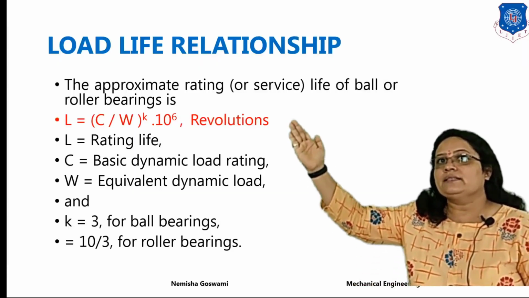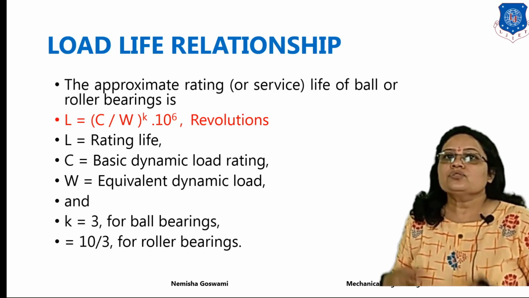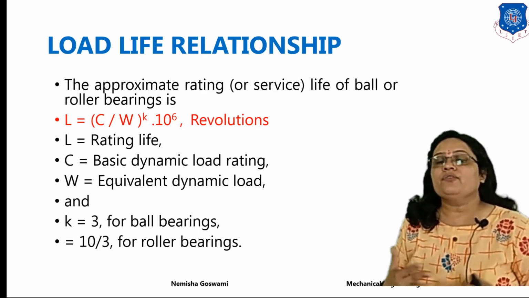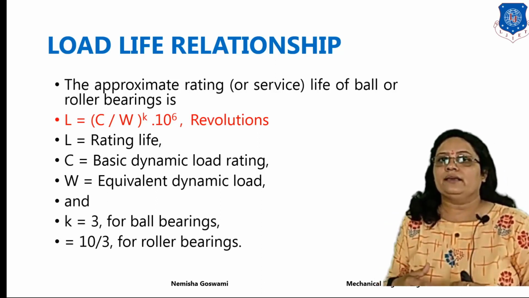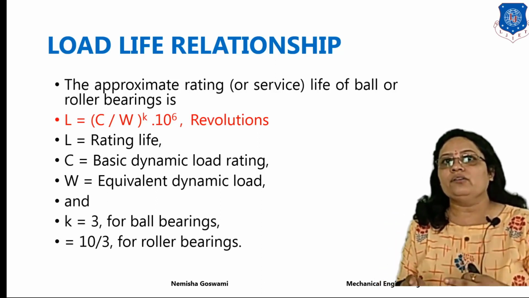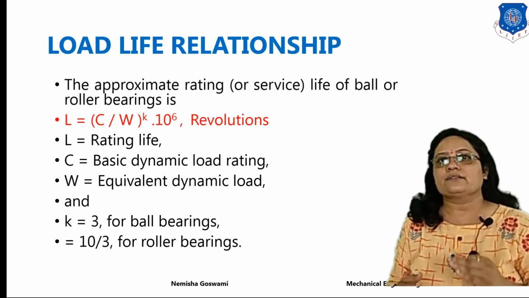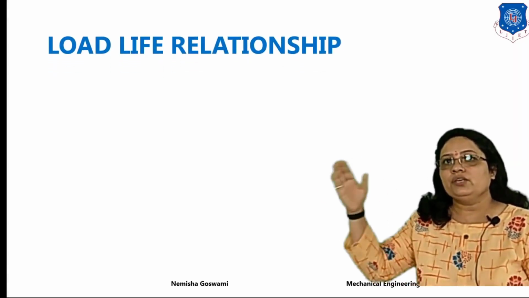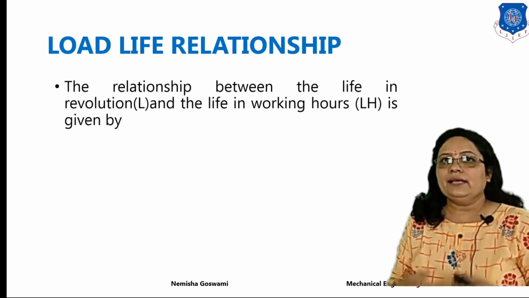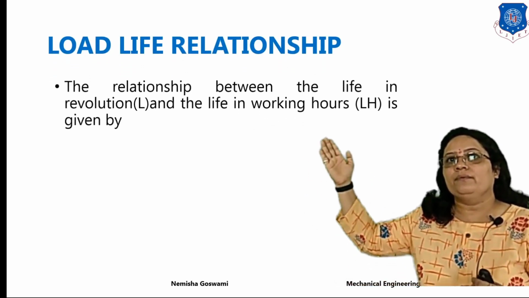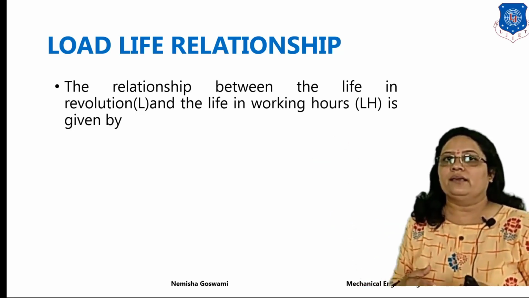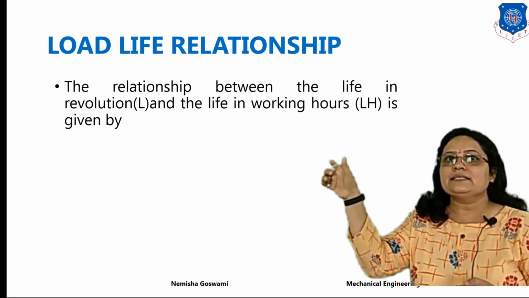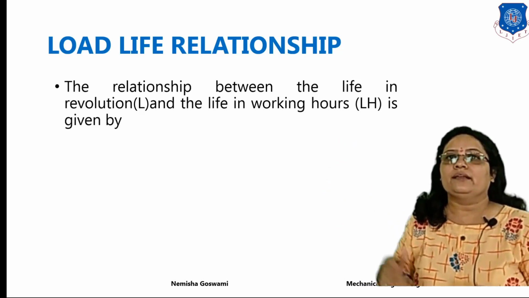Now see here, in this equation the life of bearing is given in revolutions, right? If life of bearing is given in hours, how do we convert hours to revolutions and revolutions to hours? There is again a standard formula. You can use the relation between life of bearing in revolutions and life of bearing in working hours. LH is denoted for life of bearing in hours.